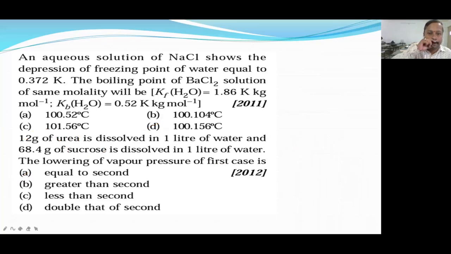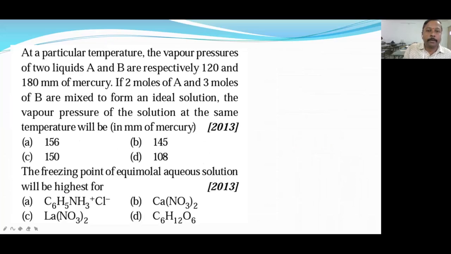Now next. At a particular temperature, the vapor pressures of two liquids A and B are respectively 120 and 180 mm of mercury. If 2 moles of A and 3 moles of B are mixed to form an ideal solution, the vapor pressure at the same temperature will be. Simple question, speed matters here.